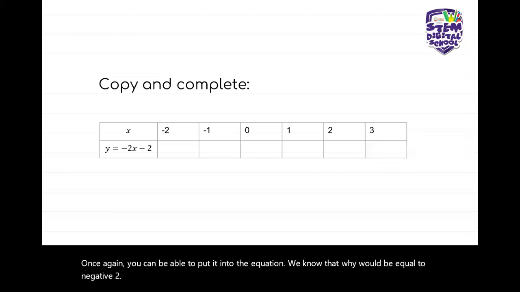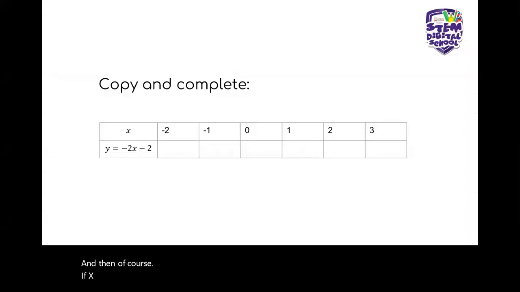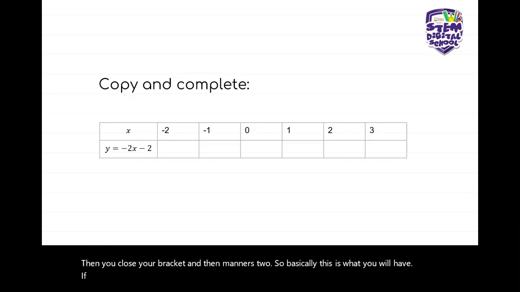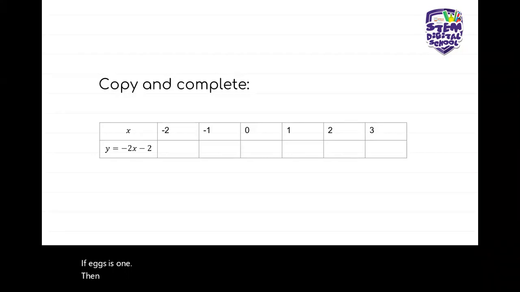And then, of course, if x is 1, then you put 1 there, and then you close your bracket and then -2. So basically, if x is 1, then you'll have y is equal to -2 into 1 minus 2.